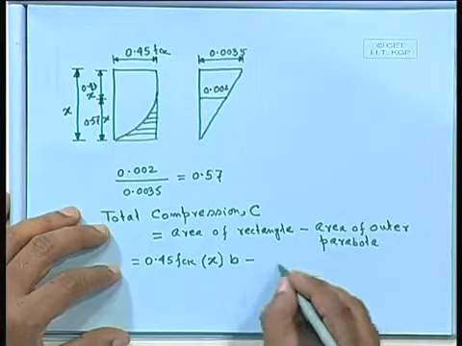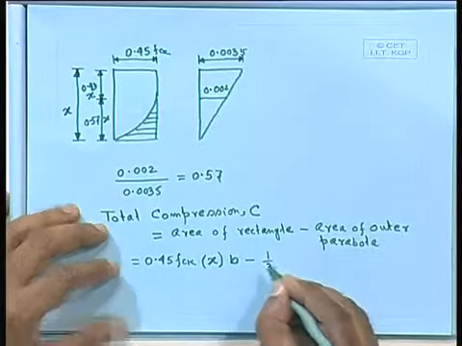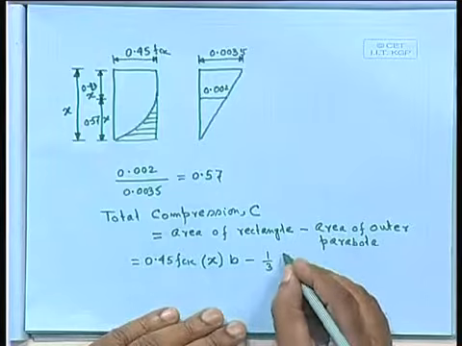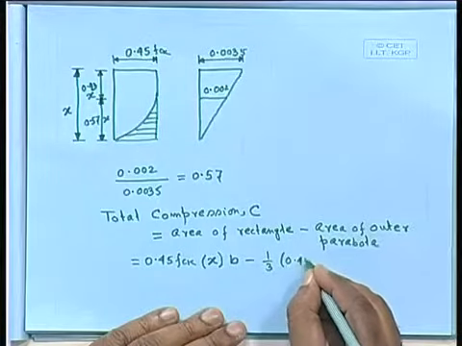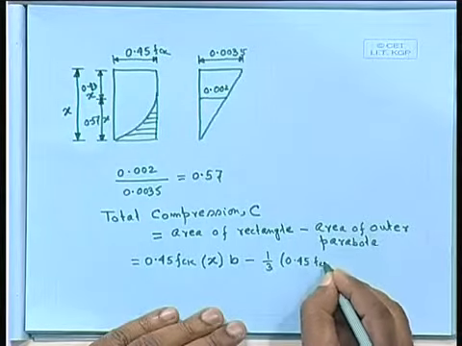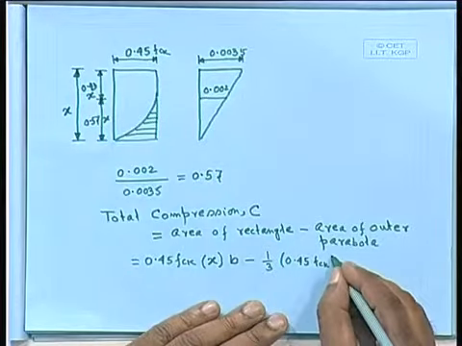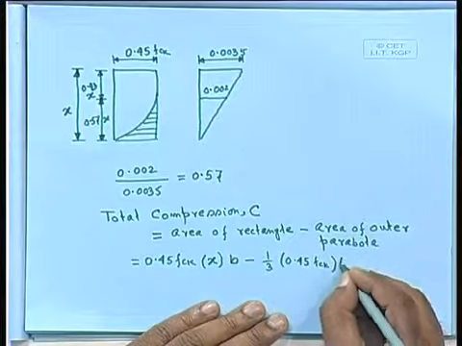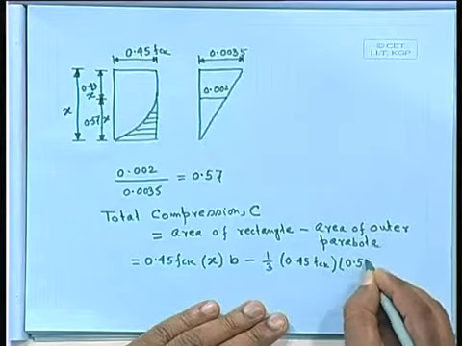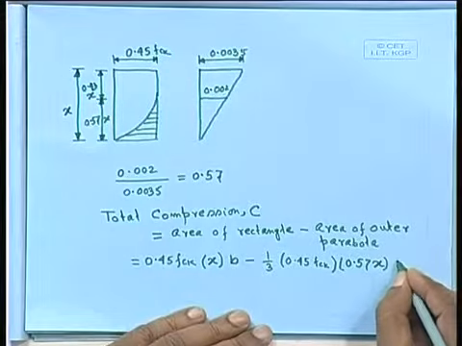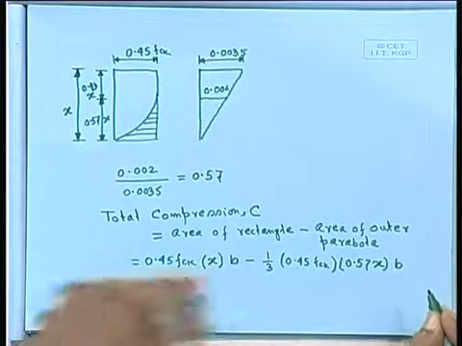minus 1/3. We have to find this area, 0.45 fck, this one also 0.45 fck, multiplied by 0.57 x, multiplied by the width b.